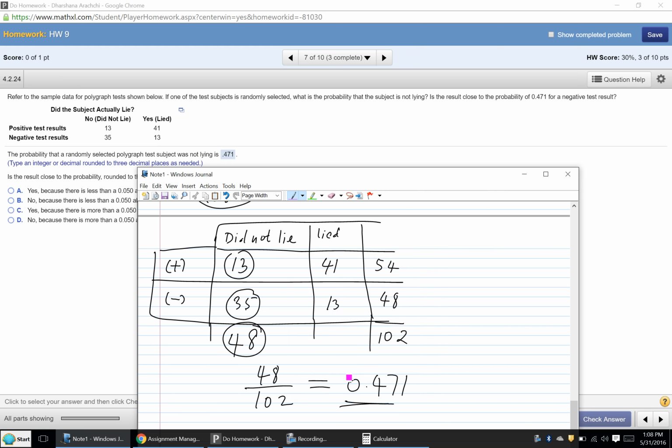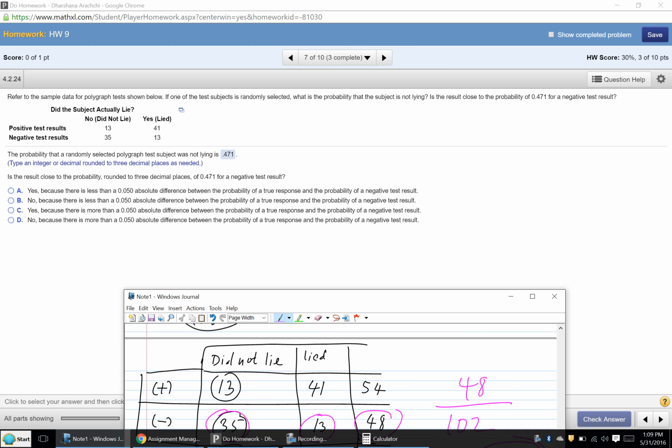How many negative test results? 35 here and 13 there, so in total 48 negative test results out of 102, which is exactly the same thing, so it should again be 0.471. So the answer should be yes, because there is less than 0.05 absolute difference between the probability of true response and the probability of negative test results.